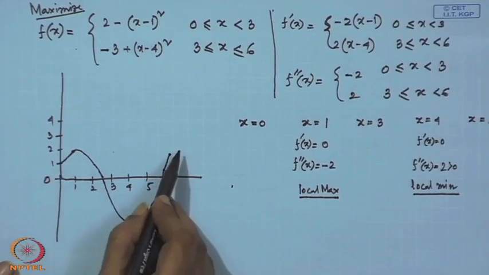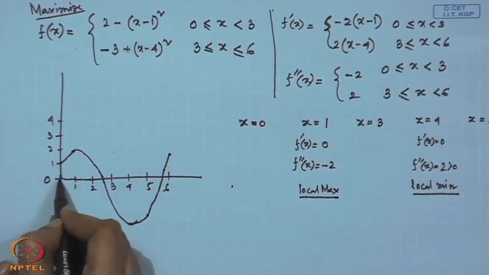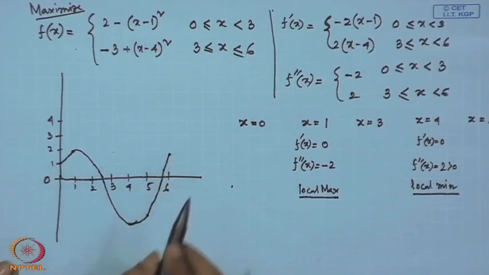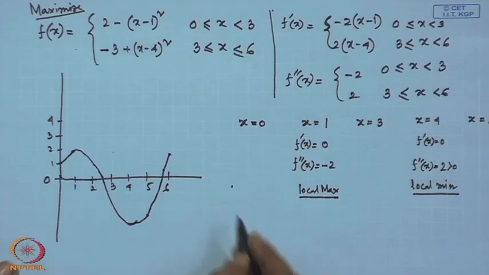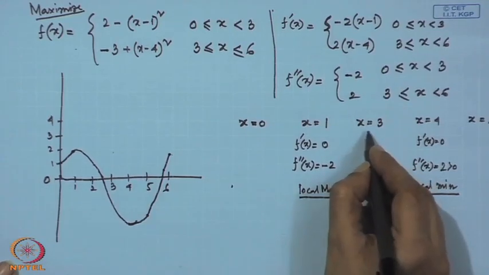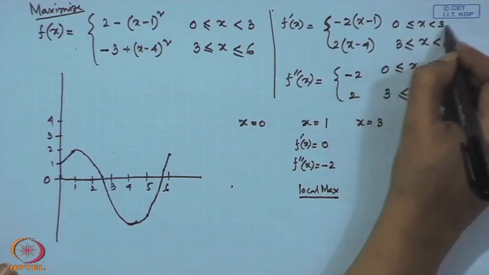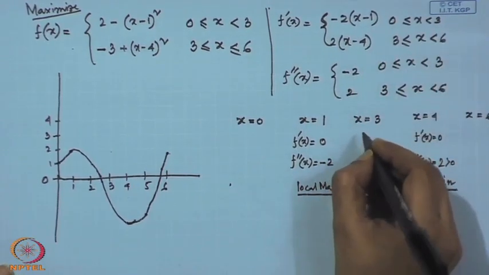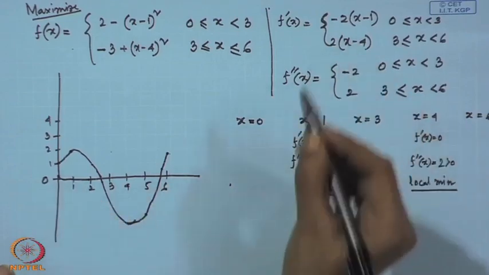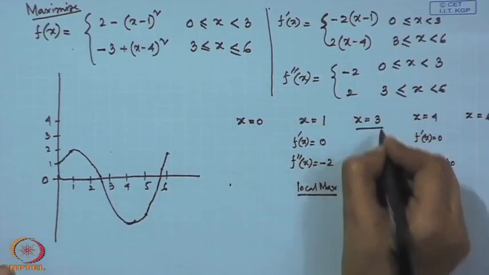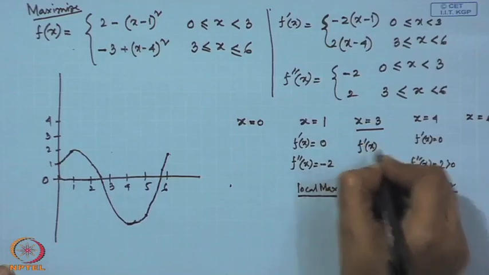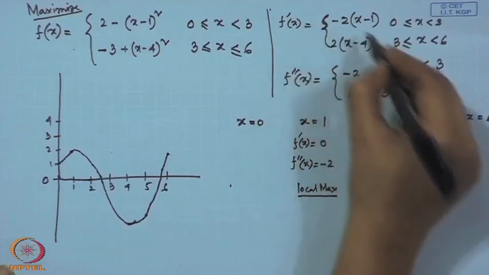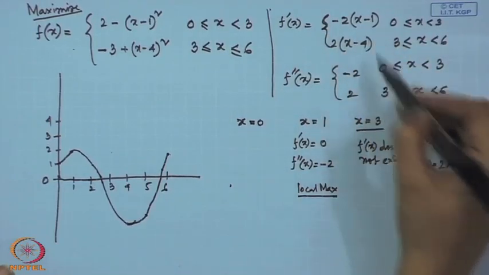But if we look at the graph, at the end points x equal to 0 and x equal to 6, the function has a local minima and a local maxima. Thus, it is not that we can't say anything about them. And x equal to 3 is a point in between, because at point 3 the functional pattern changes. If we analyze the function further without looking at the graph, at x equal to 3, f dot x does not exist, because the first order derivative values at x equal to 3 are different.